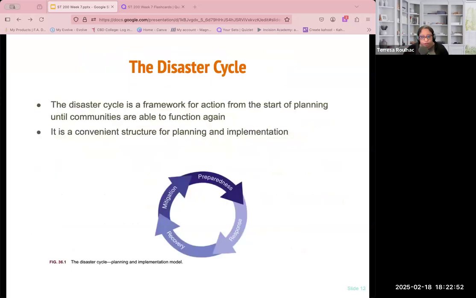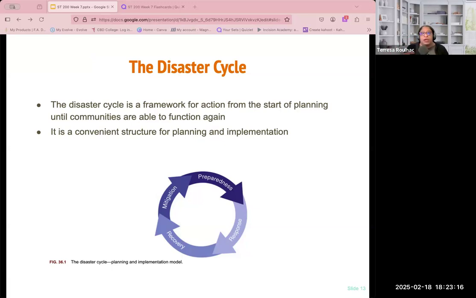Now, the disaster cycle. It is a structured framework that guides the action taken before, during, and after disasters just to help communities recover and return to some type of normal function. So we look at the 4 main phases. Again, 4 main phases.